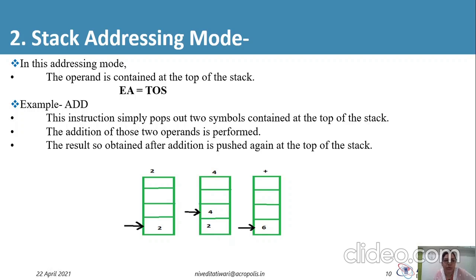So in this mode you can find out the effective address and its corresponding operand value with the help of a stack addressing mode, using just two kinds of operation, one is push and second is pop.